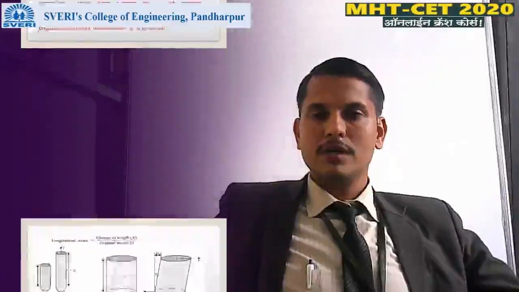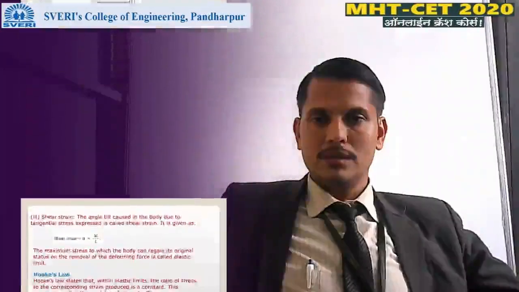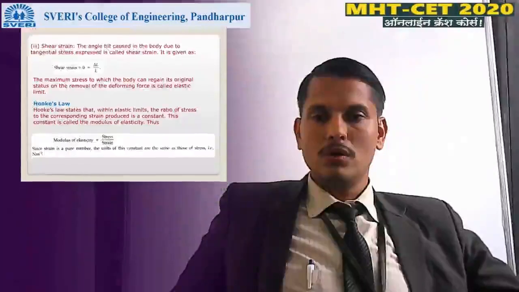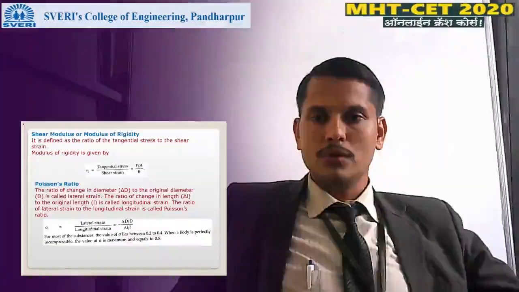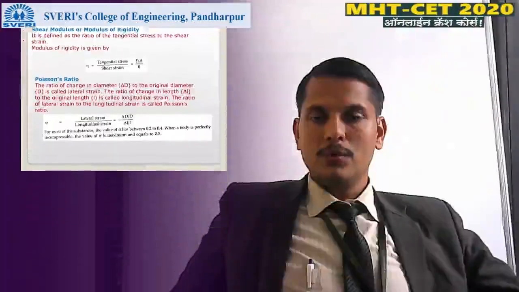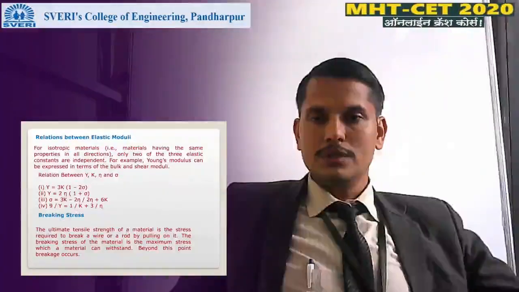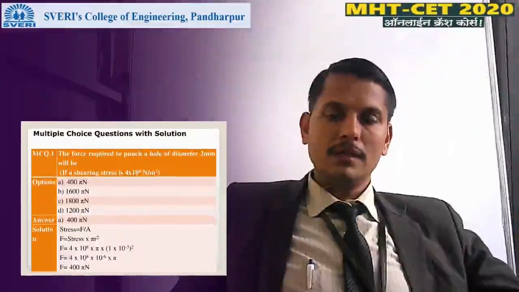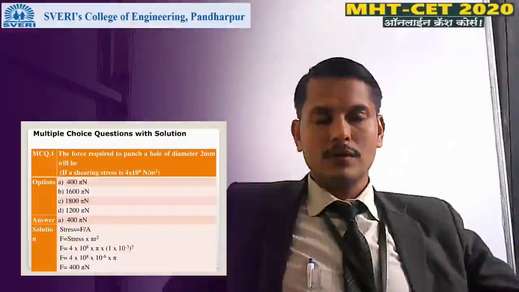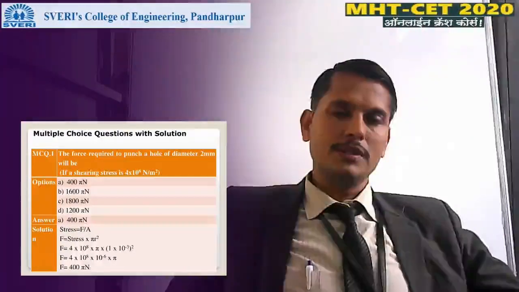Its types. Strain, its types. Then Hooke's law, then Young's modulus, bulk modulus, modulus of rigidity, then Poisson's ratio, relation between these elastic moduli, and then we have solved different numericals. So I think we have covered some of the basic terms and points related to elasticity.